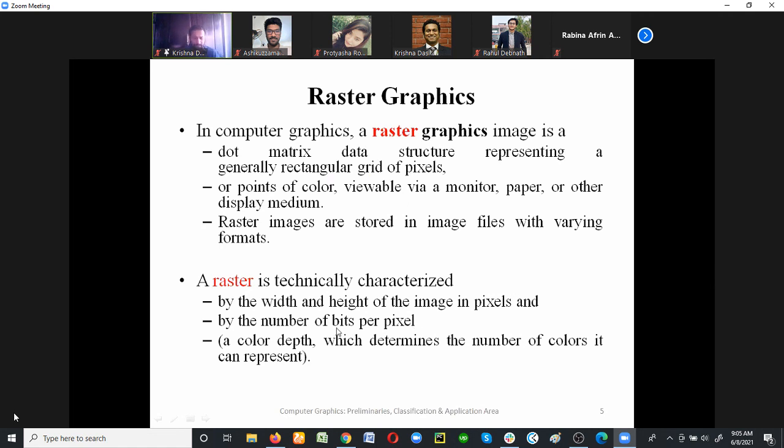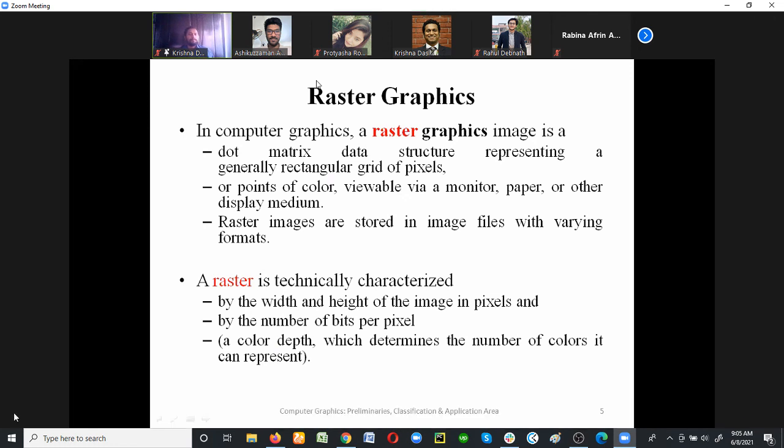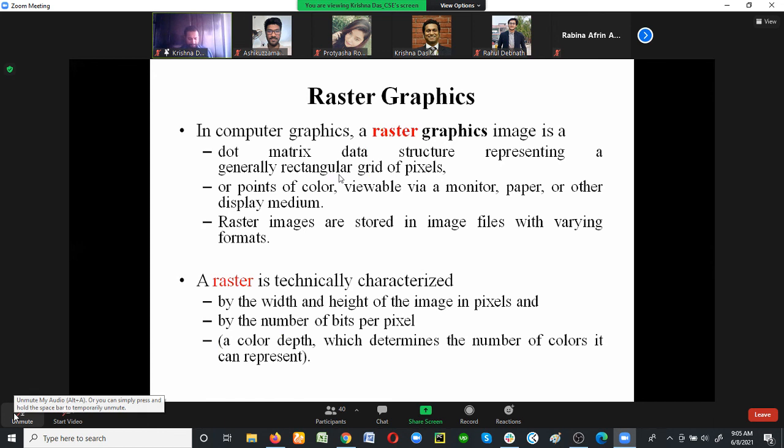Now, what is a bit? Who can tell what is a bit? Sir, there is a relation between bit and byte, 1 byte equals 8 bits. Okay, that is the relationship between bit and byte, but I asked what is a bit?